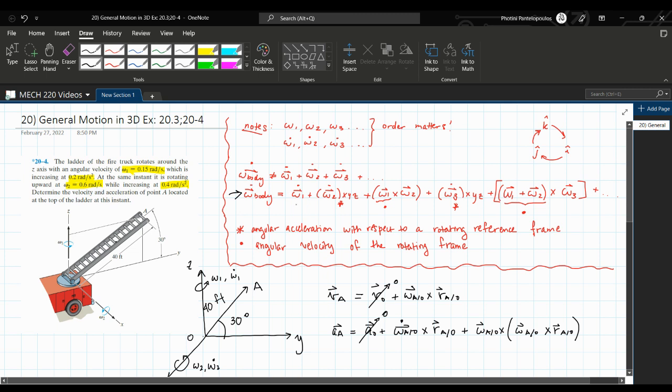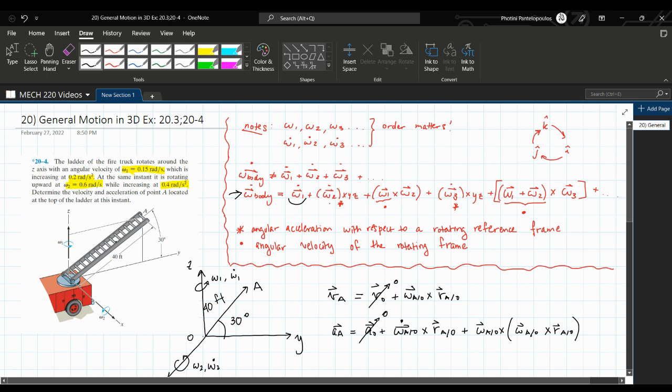So you'll notice that omega 1 dot here is the only one that's standing alone, and that's because it's your base acceleration. It's not within any rotating reference frame, it just exists on its own. And you'll notice for omega 2 dot and omega 3 dot, we're starting to include all these subscripts.